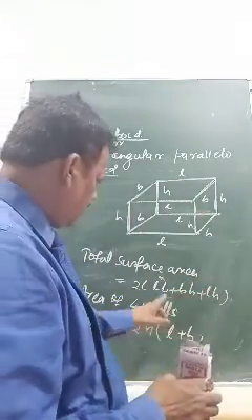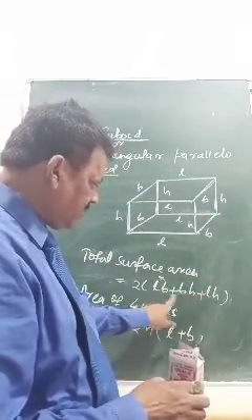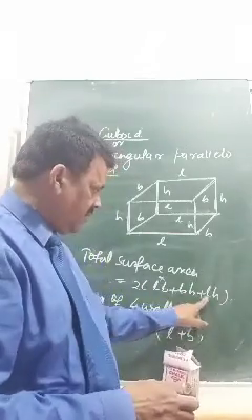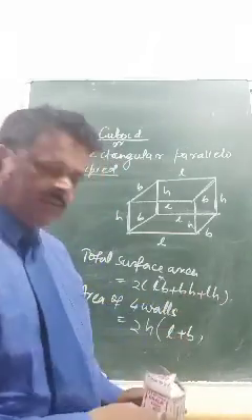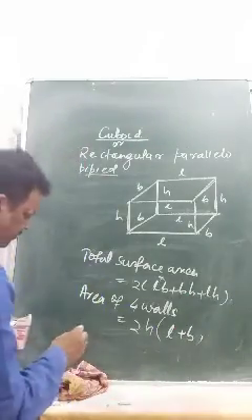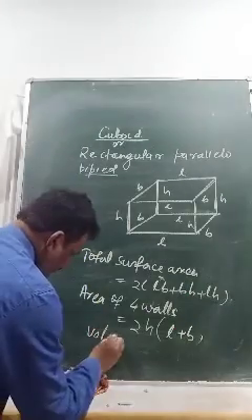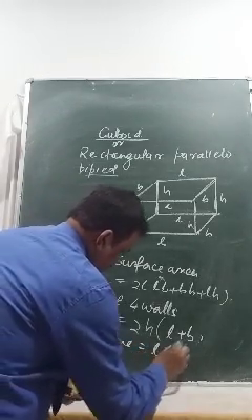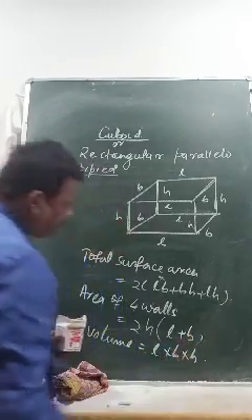In 4 walls, length into breadth is not there. This is there, 2BH, 2LH. If you take H common, L plus B. Okay. Then you see volume. Volume is L into B into H.